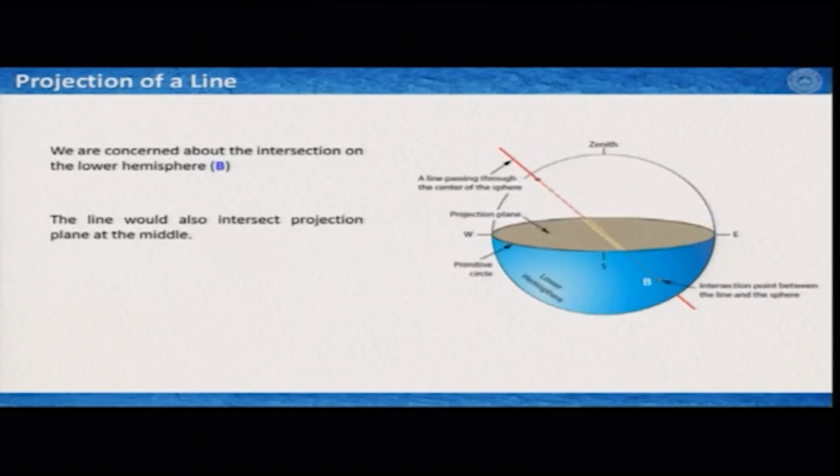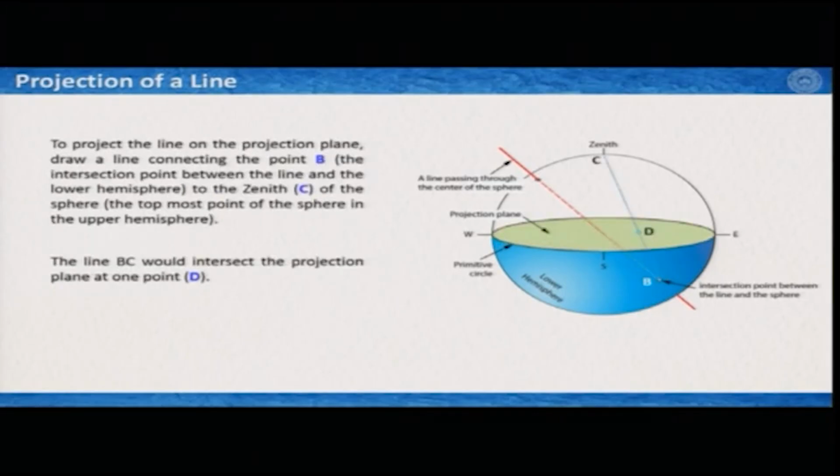So, because we will be projecting on the lower hemisphere, we call it lower hemisphere projection. So, we will be concerned with only the point B. This point B, which is actually the line, would also intersect at the middle point of this projection plane or the primitive circle.